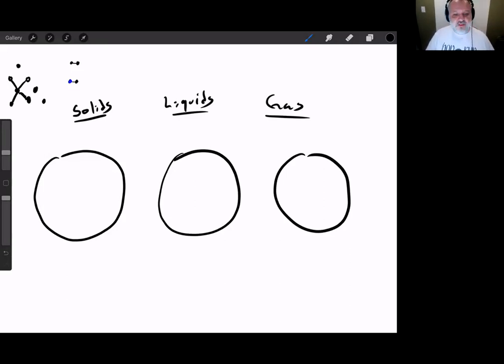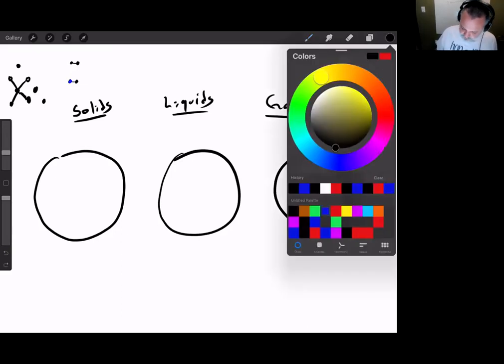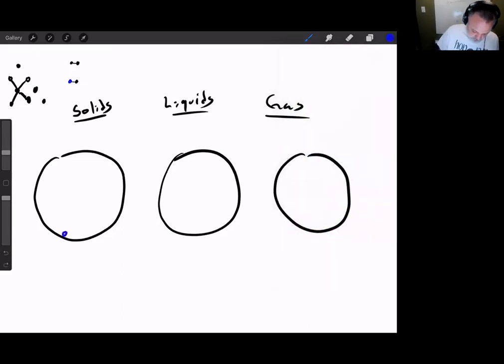Okay, let's get on with solids. Let me change my colors. What I'm doing right now is drawing a simple atomic level picture of a solid.